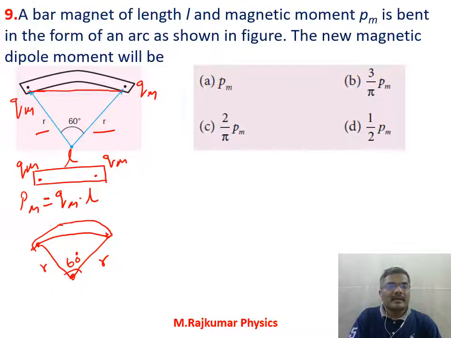In this triangle, if this angle is 60, then this angle and this angle should be equal, so this also 60 and this also 60, and this length also should be R, because it should be an equilateral triangle.